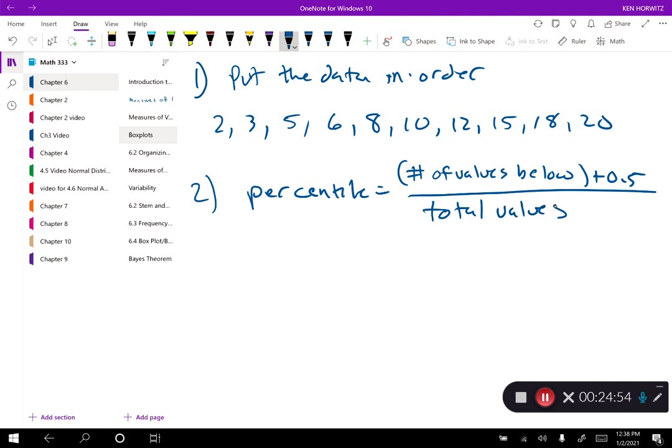And we'll times it by 100 to get the actual percentile. This will give us a decimal. All right. So the reason I needed these in order is I need to know how many values are below 12. So I got 1, 2, 3, 4, 5, 6. So I got 6 values below 12.